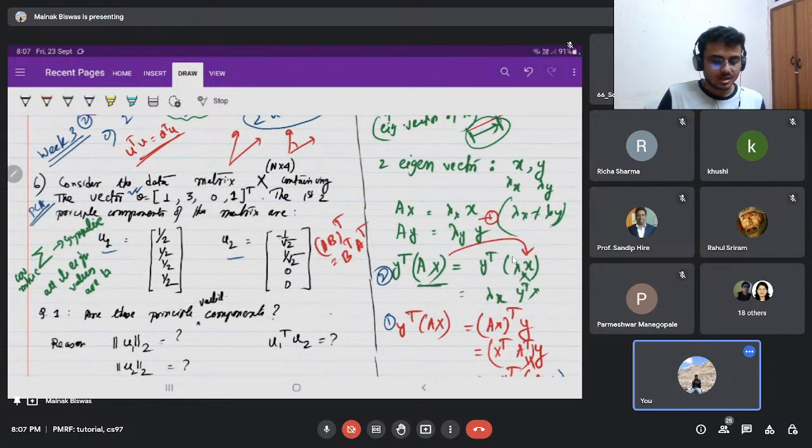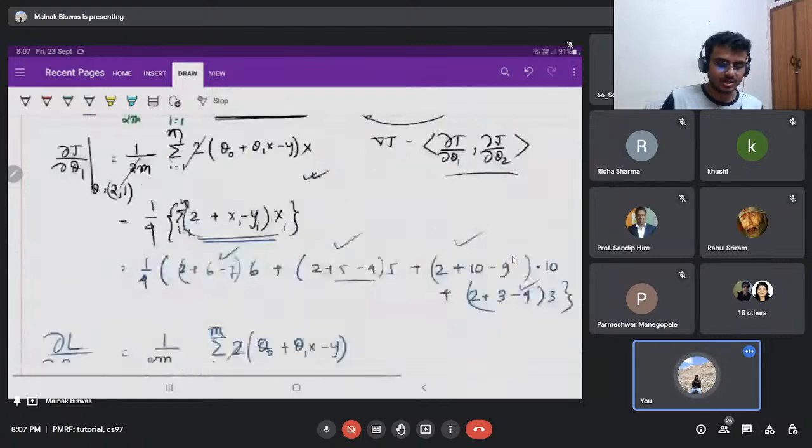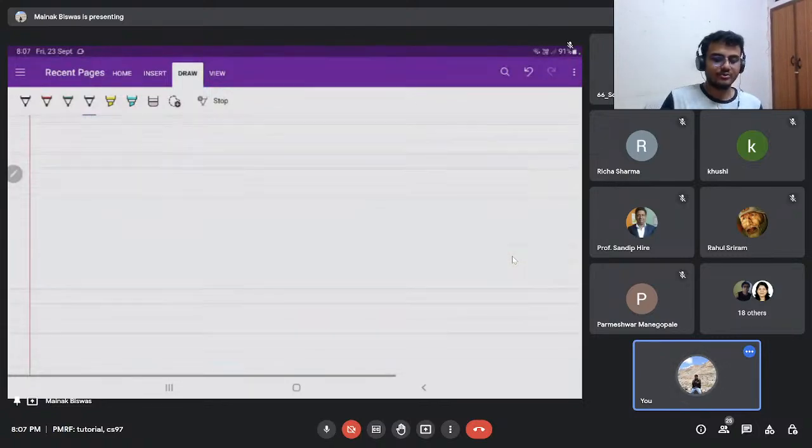So first question of mine: are W1 and W2 proper candidates for eigenvectors, two distinct eigenvectors of the matrix? They also have to have unit norm, or rather they must be orthonormal. So I'll go down and solve this.